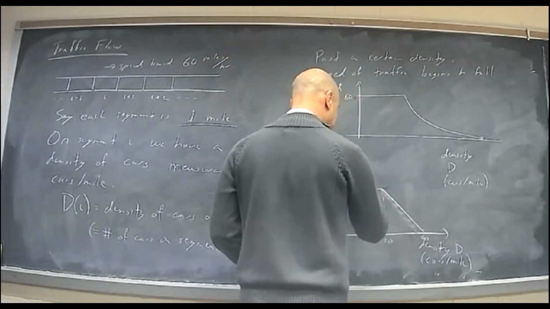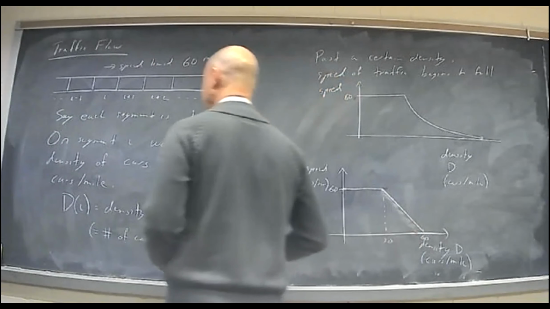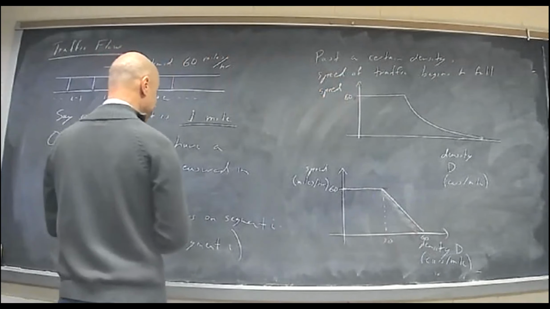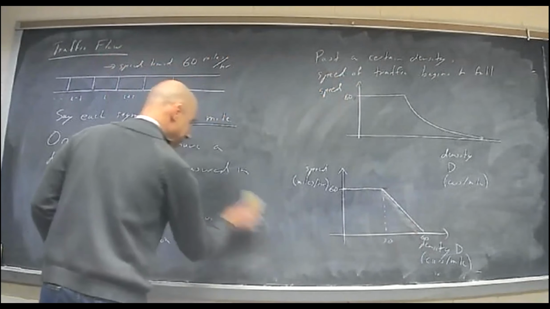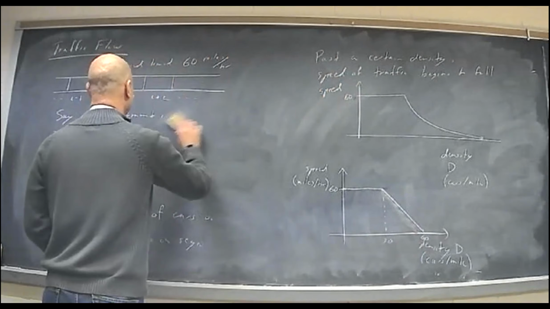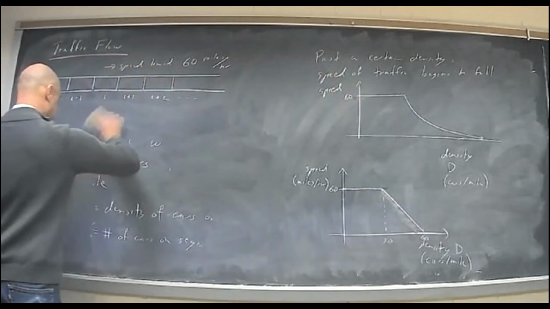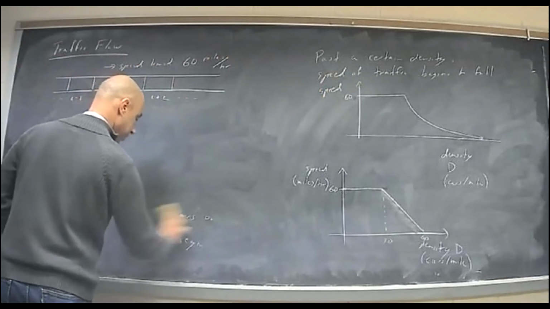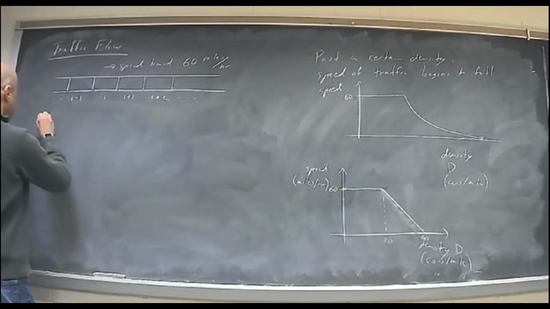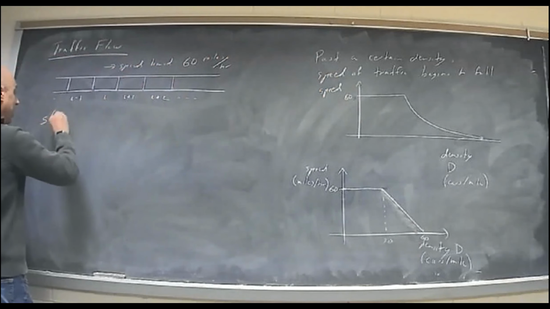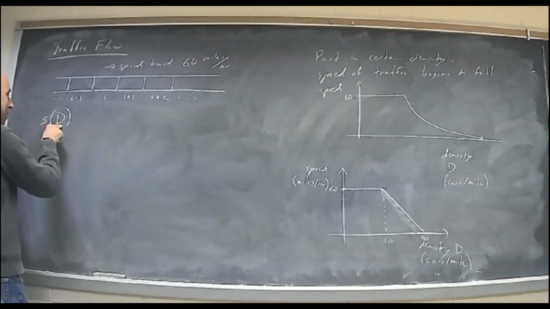So if S is speed and D is density, speed is a function of density. So let's say S of D. It's weird to see a capital letter inside the parentheses and a small letter outside.